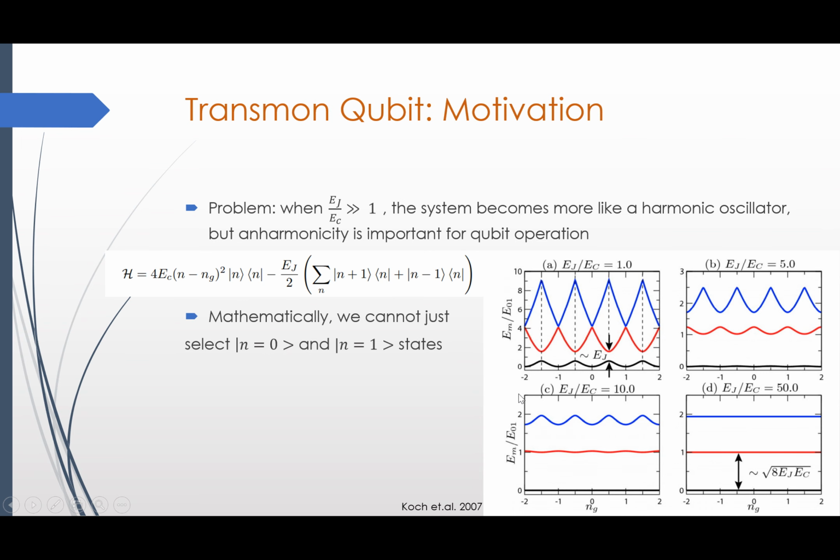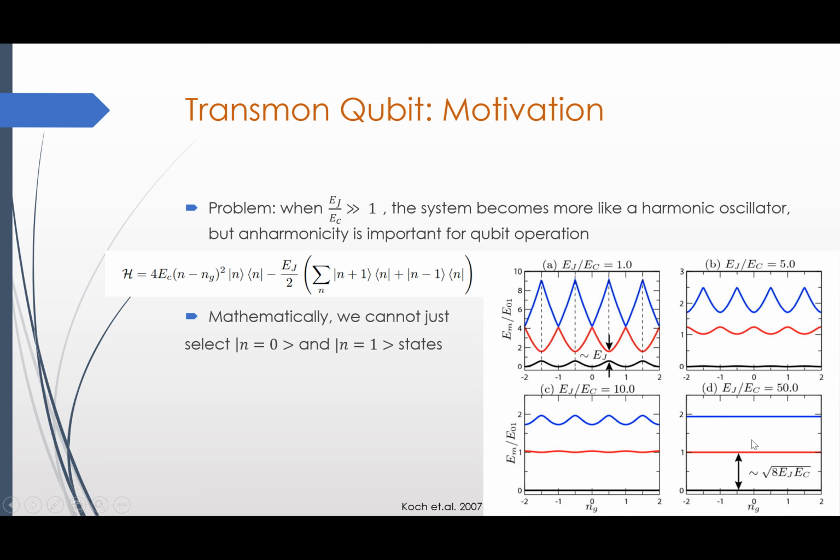But when we consider this, we immediately meet a problem. We can see from the figures that when Ej over Ec becomes very large, the energy level differences between the 0, 1 and 1, 2 states become very close. This means the system becomes more like a harmonic oscillator.